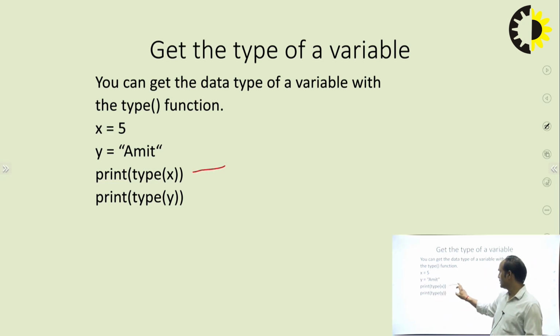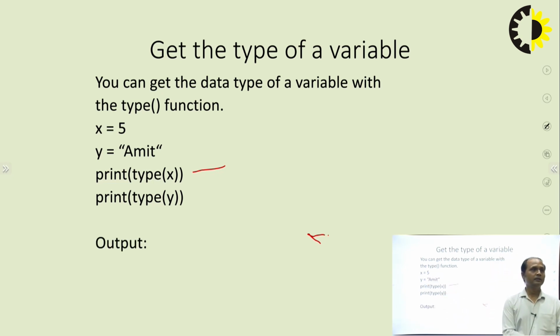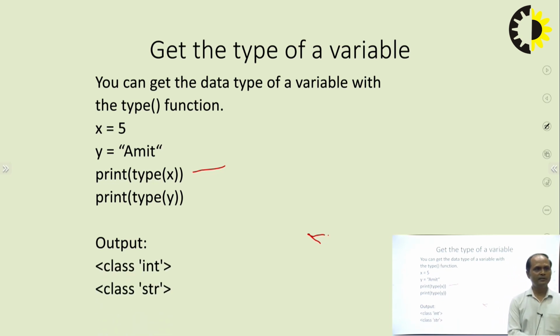In x, that is the integer type, and y is a string type. So this will give the output class int and class str, string type and integer type.